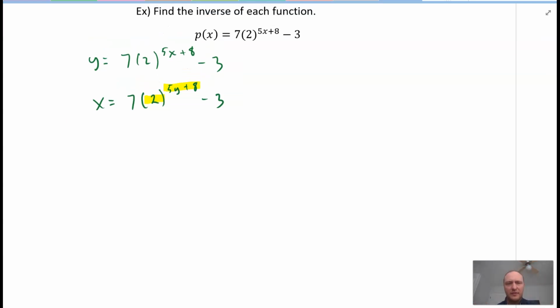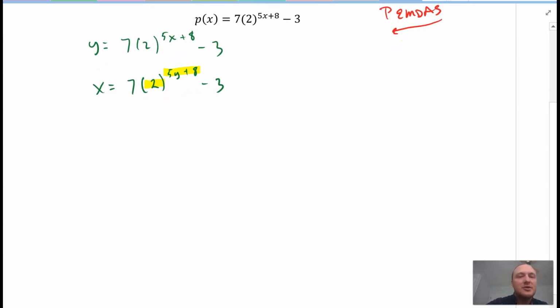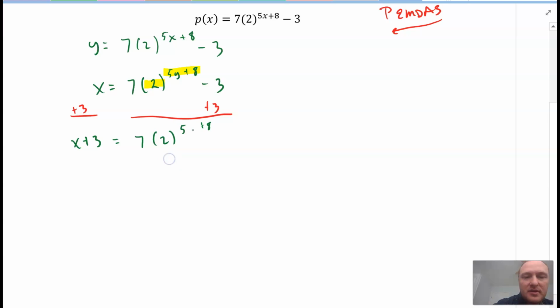Now, if you forget what to undo first or what to divide, remember that when you're undoing stuff, you always do your order of operations backwards. So we'll always undo addition and subtraction. So I'll add 3 to both sides. So we get x plus 3 is equal to 7 times 2 to the power, oh, that's 5y plus 8.